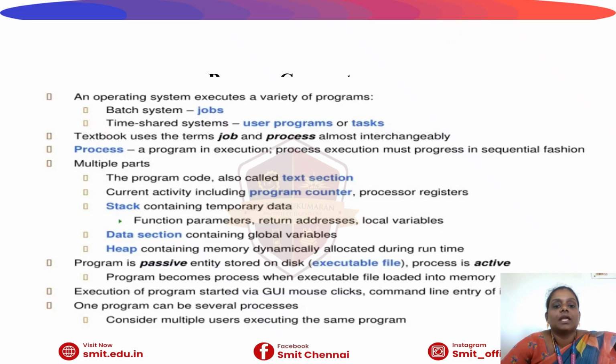Process concept. An operating system executes a variety of programs. A process is a program in execution. In simple words, we can say that a program is a recipe, and a process is cooking the recipe. So recipe is a program and process is cooking the recipe.